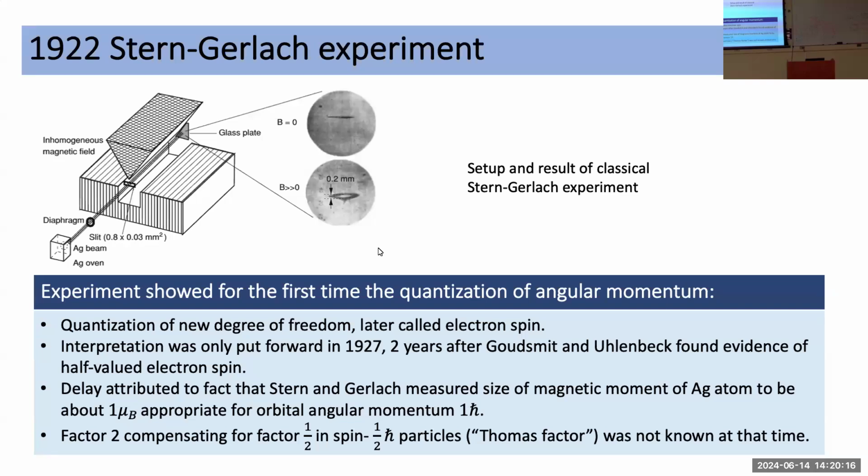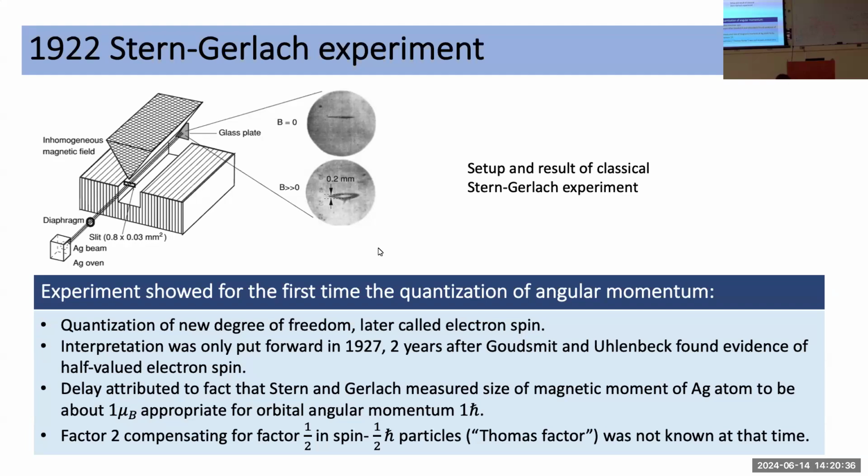That led then in the following to understanding it as a new degree of freedom, later called electron spin. Actually, the idea of the electron spin was only put forward way after the experiment, after Goudsmit and Uhlenbeck had found evidence for half-valued spin.